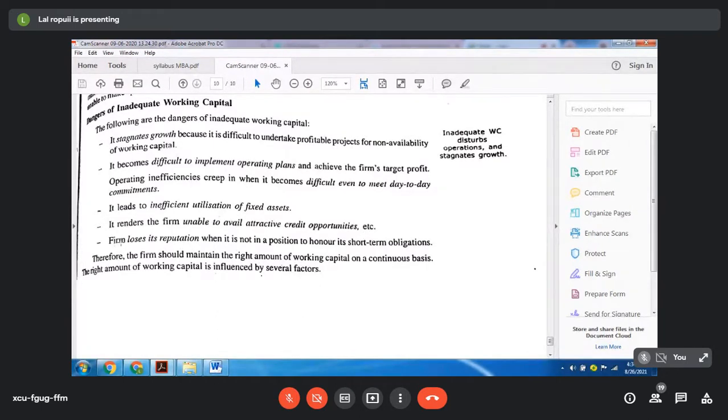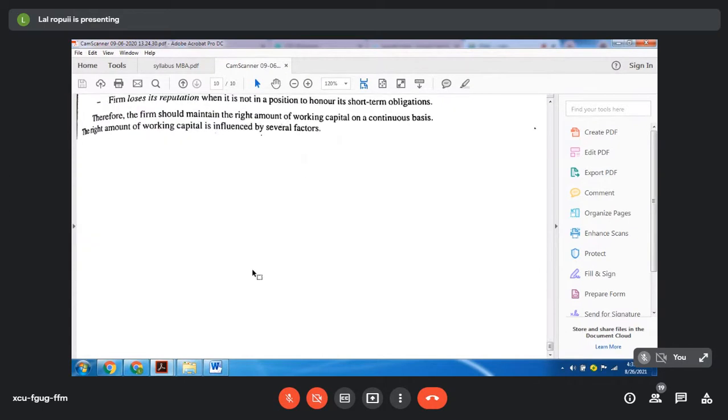So the firm loses its reputation when it is not in a position to honor its short-term obligations, like payments to suppliers. If you could not pay suppliers, then the firm loses its reputation, right? Therefore, the firm should maintain the right amount of working capital on a continuous basis. The right amount of working capital is influenced by several factors.